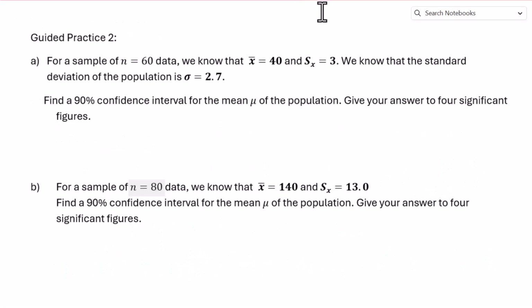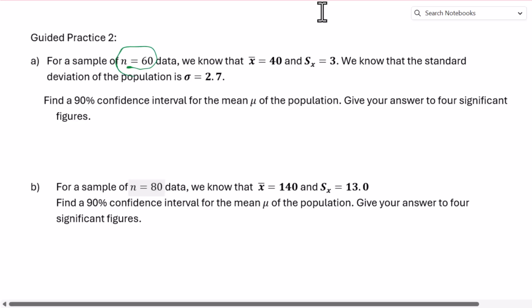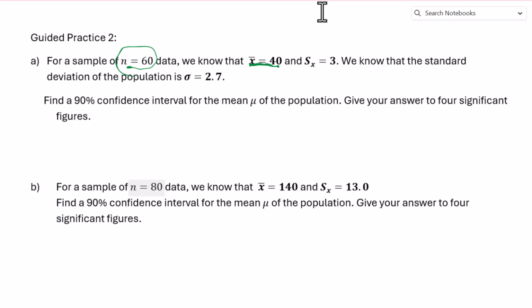Let's go to guided practice 2. For a sample n equals 60, we know that X bar equals 40, S sub X equals 3. We know that the standard deviation of population sigma equals 2.7.